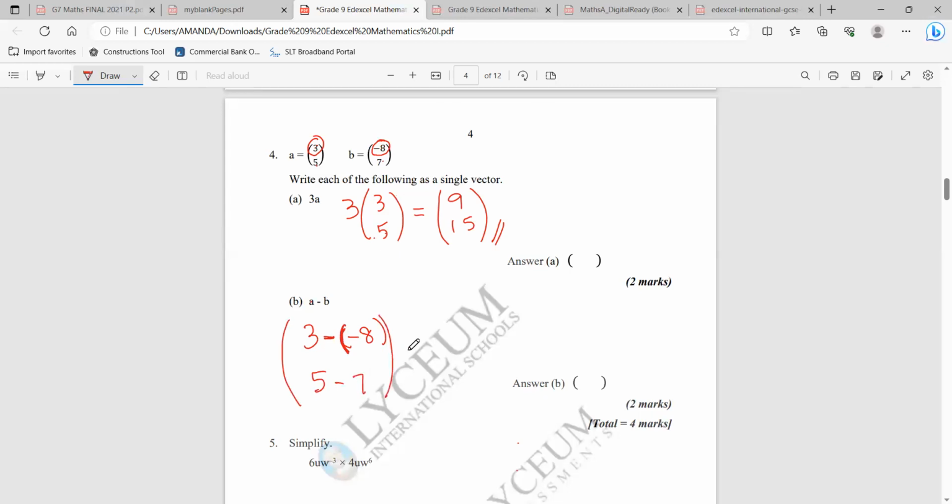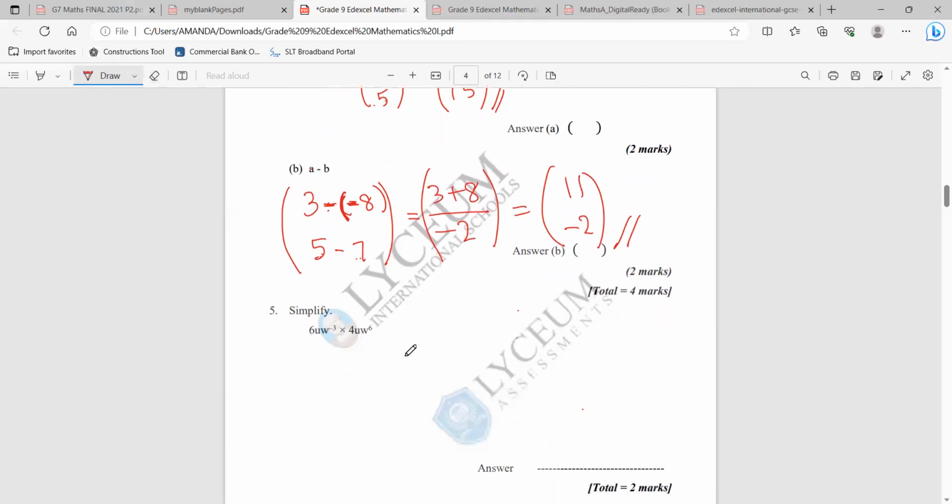That's the first step. And then minus and minus is plus, so 3 plus 8 is 11, and 5 minus 7 is negative 2. So that's negative 2. This is my final answer for A minus B. Very simple. Yeah, 4 marks. Getting this 4 marks is nothing again.